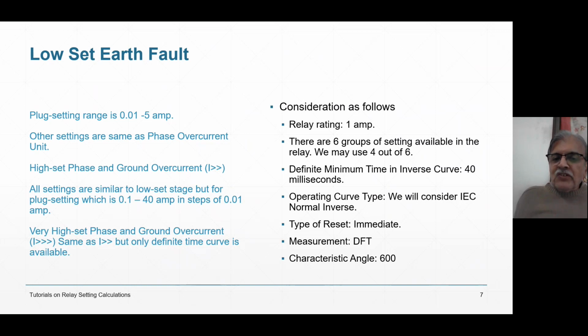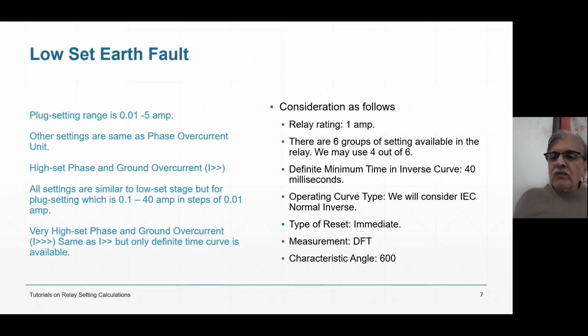What are the considerations we are taking while we are discussing this? Relay rating is 1 ampere. That is what we are assuming. There are 6 groups of setting available, but we may probably use 4 out of those 6 because our example will give 4 different possibilities, right? So we will take 4 out of 6, but there can be power systems where all 6 groups may be required to be used.